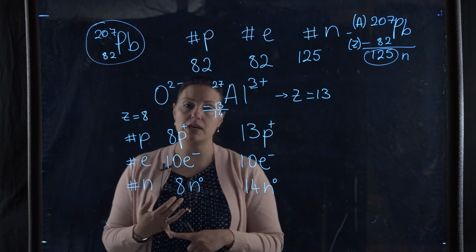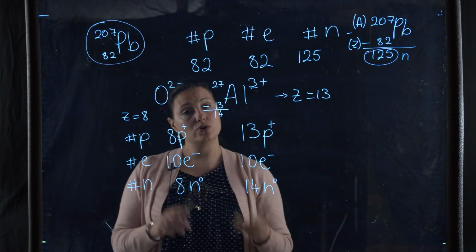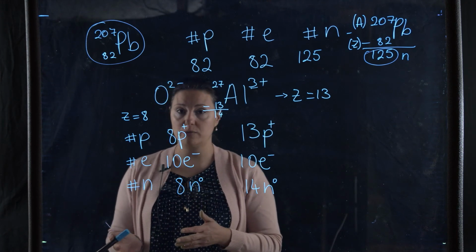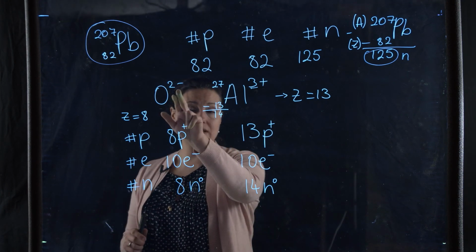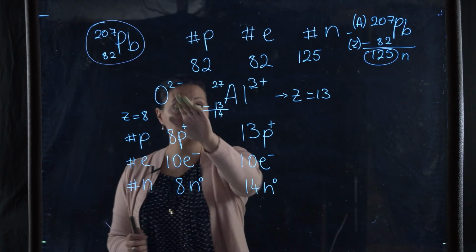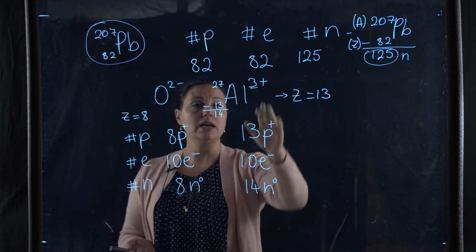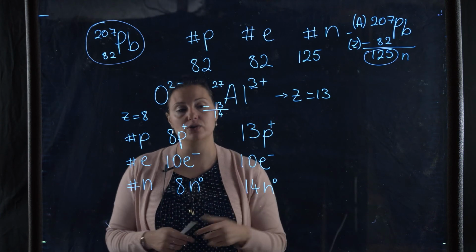If you know the Z, you know the number of protons. If you have a neutral atom, the electrons are equal to the number of protons. If you have a negative charge, that means you have that many more electrons than you do protons. If you have a positive charge, you have that many fewer electrons than you do protons.